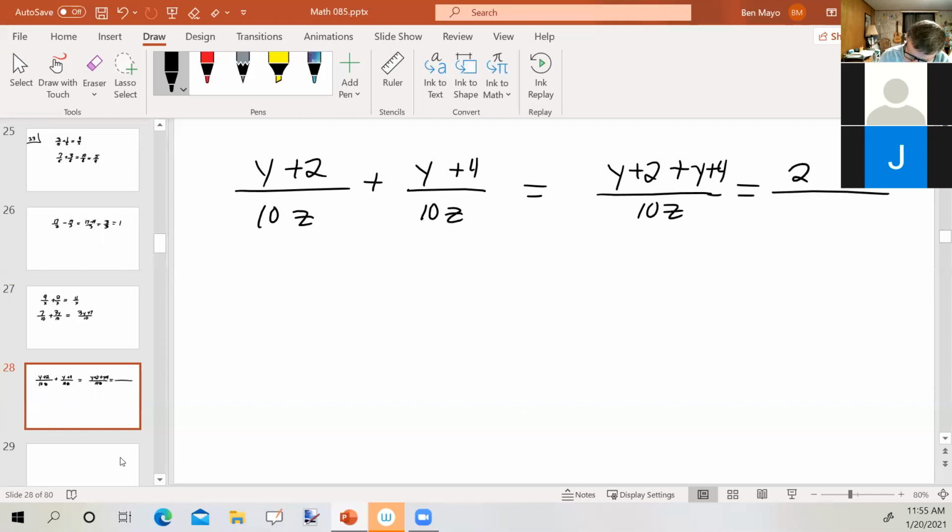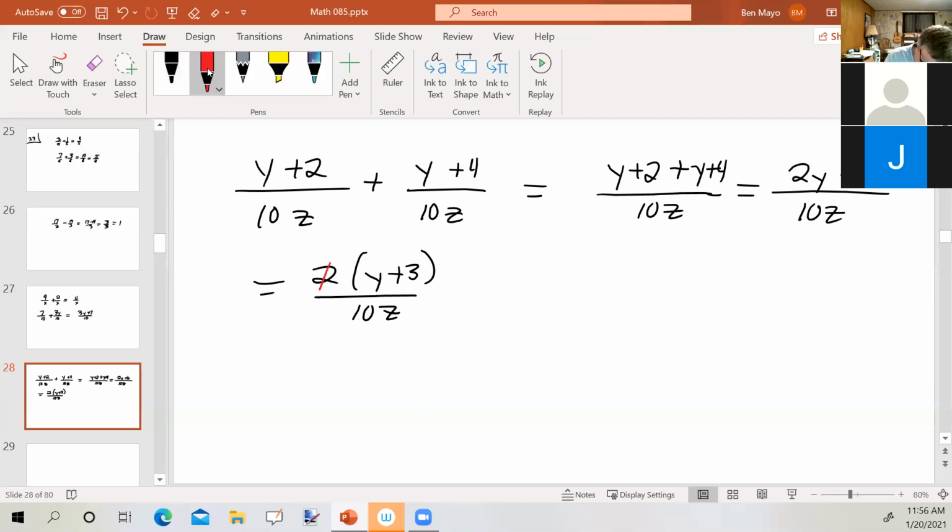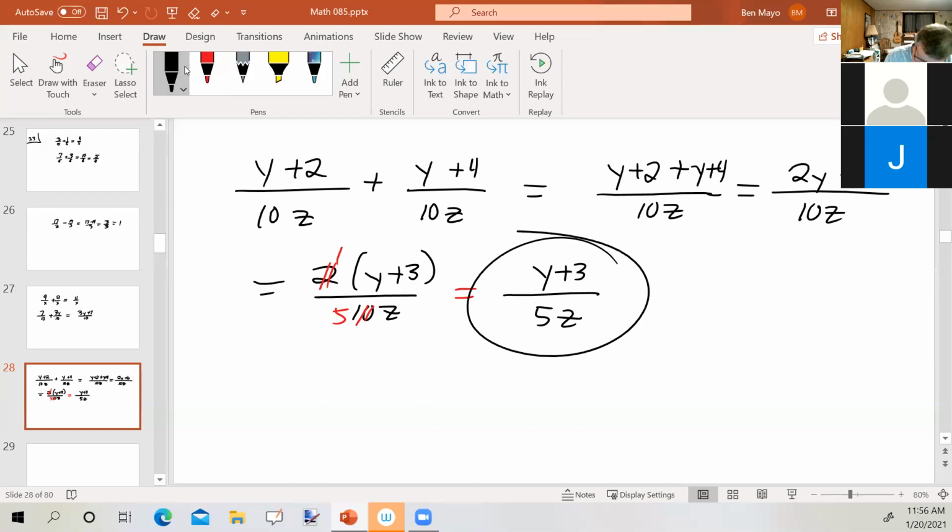Simplifying the numerator, we get 2y plus 6 over 10z, but we can factor a 2 out of the numerator, and then we can come back and reduce the 2 and the 10 to 1 over 5, so we end up with y plus 3 over 5z as our final answer.